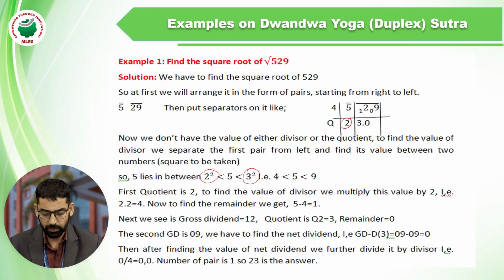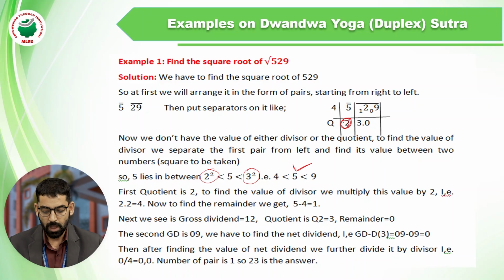How can we find the value of the divisor? You can see from this table that the given number is 5, and you take the square of the number 2, that is 4. Or we can say that you have to multiply the first quotient by 2, and we get the first divisor.